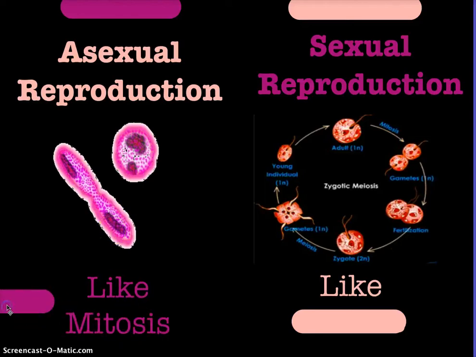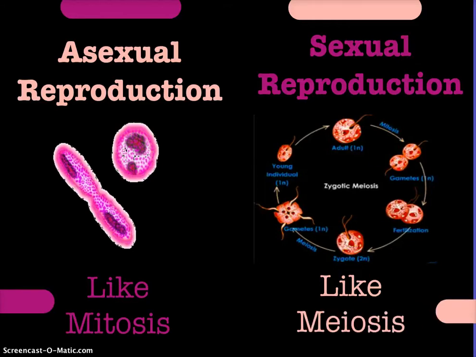Mitosis. Good job, guys. Sexual reproduction is like meiosis when it comes to protists, because it's a cellular reproduction. So it's similar to meiosis because you have the production of cells that are considered sex cells that then combine to form a new organism.